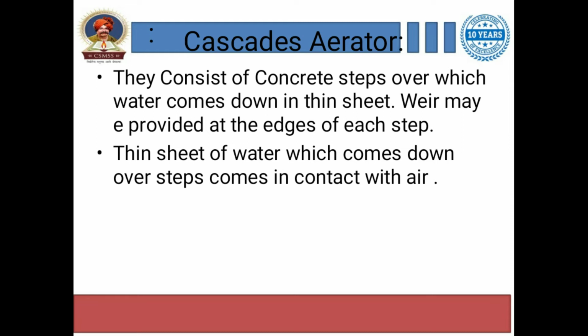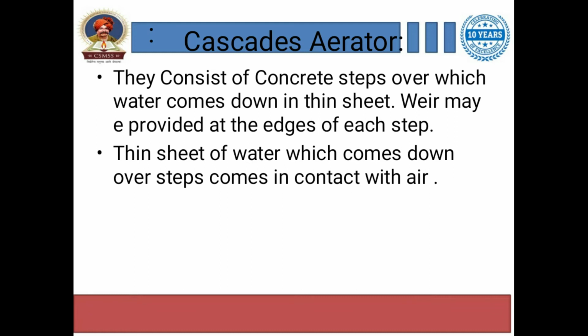First one is cascade aeration. They consist of concrete steps over which water comes down in a thin sheet, where weirs may be provided at the edges of each step. The thin sheet of water which comes down over the steps comes in contact with the air, right?